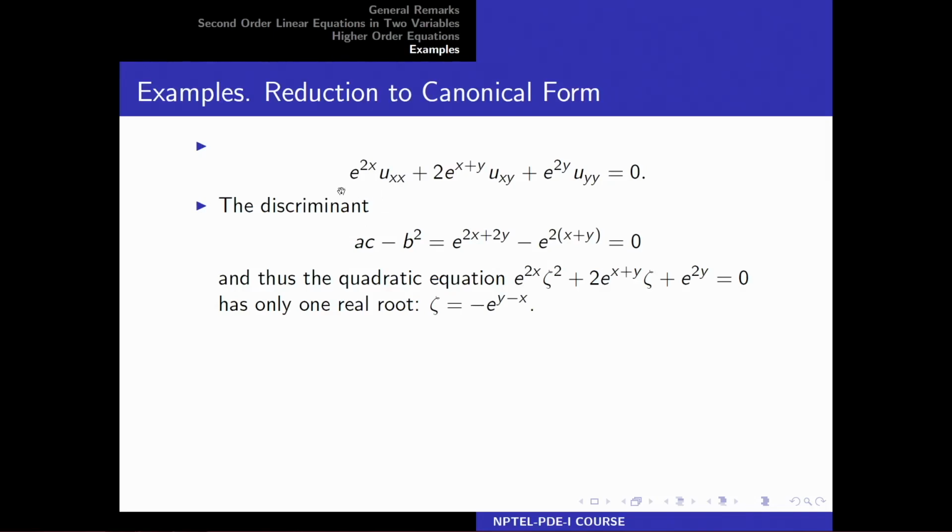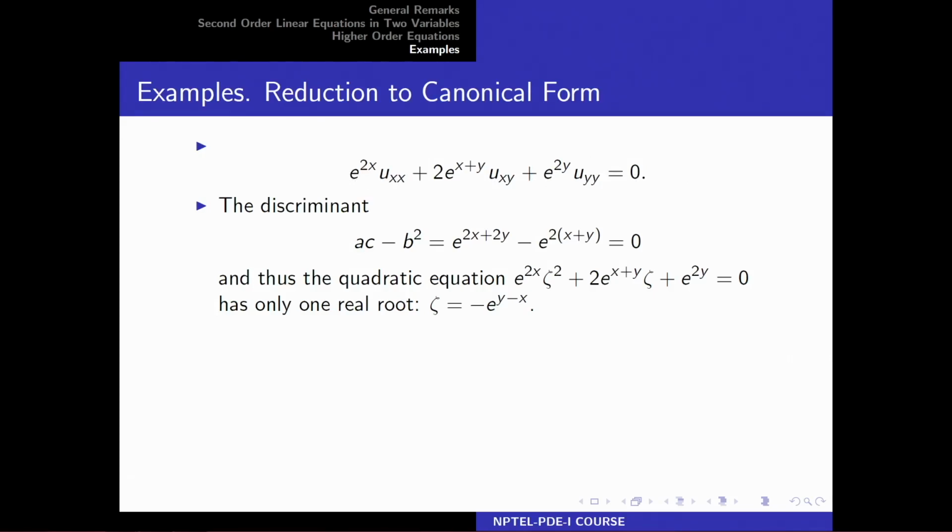In just 2 variables again, here the equation has variable coefficients: e to the 2x, e to the x plus y, e to the 2y. Since it is exponential, none of them are 0, so this equation in principle is valid in the whole of R2. There is no problem with that.